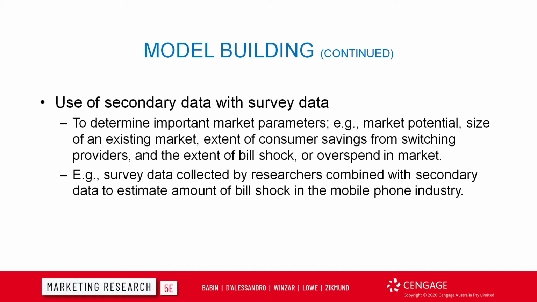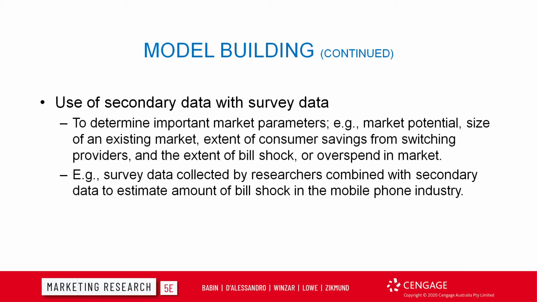Secondary and survey data can always be combined well to determine important market parameters such as market potential, size of existing market, extent of consumer savings from switching providers, and the extent of bill shock or overspend in the market.